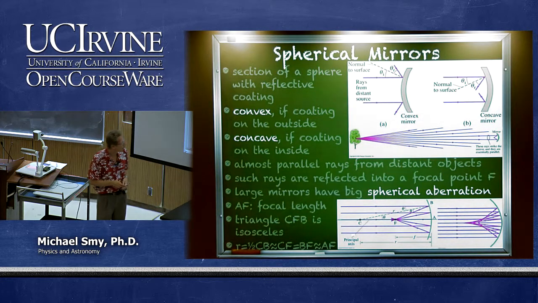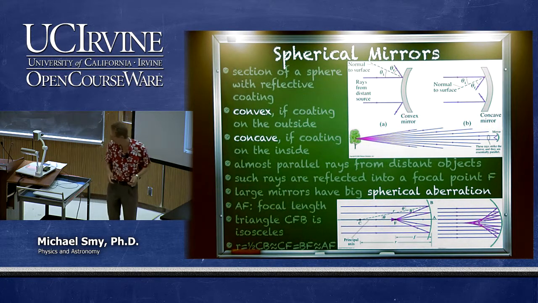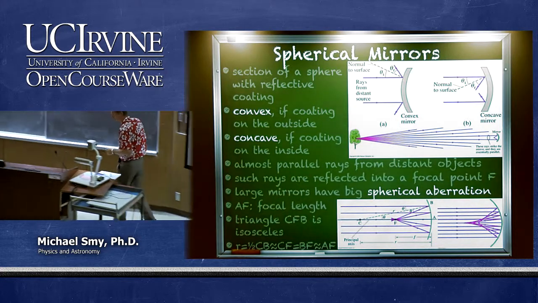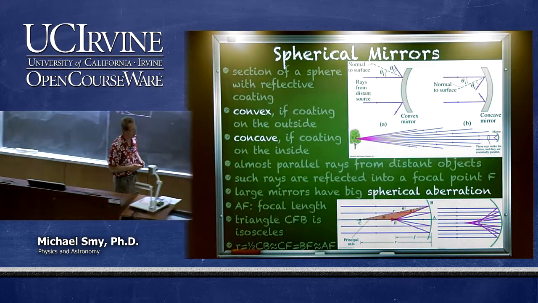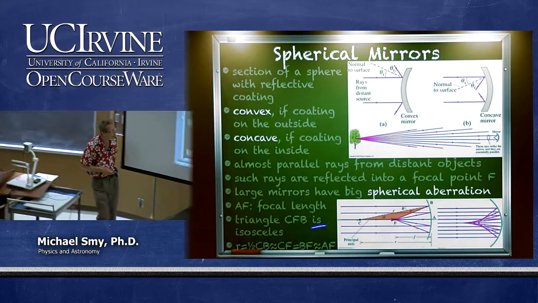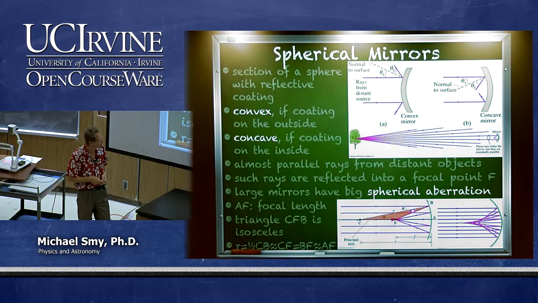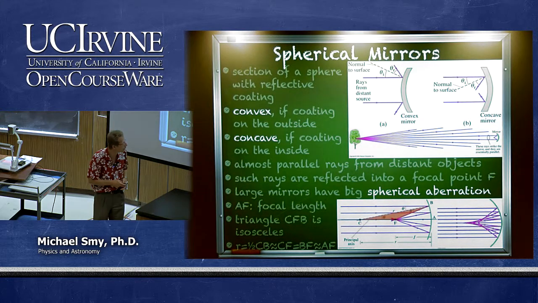So to find the focal length, or the distance between focus and the mirror, we again look at a little bit of geometry. So we have this triangle here. This triangle has two angles that are the same. This angle must be the same as that angle, because the triangle is constructed between two parallel rays and one line intersecting.